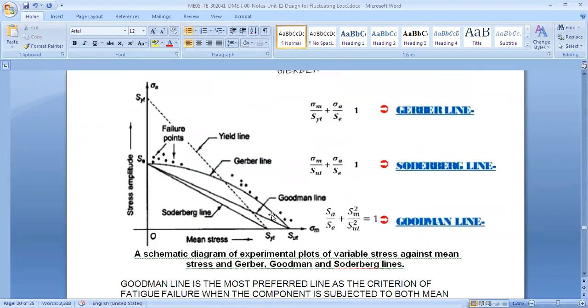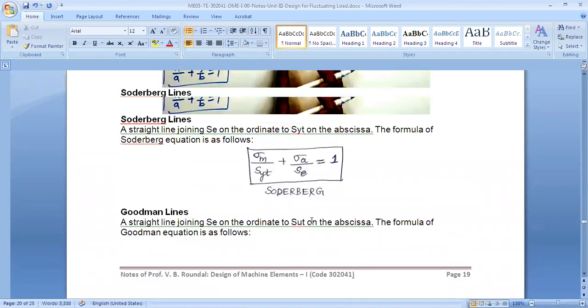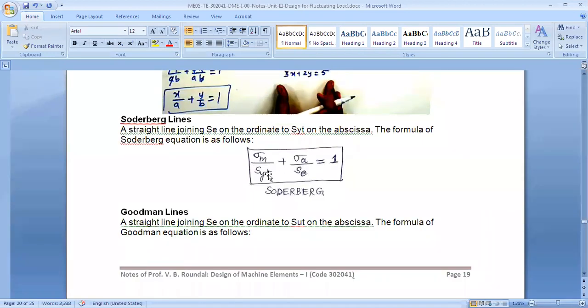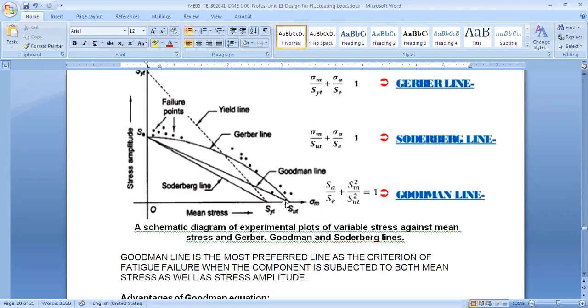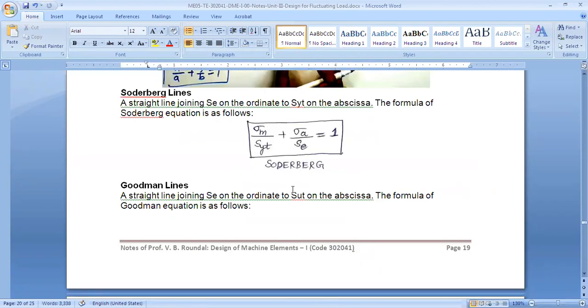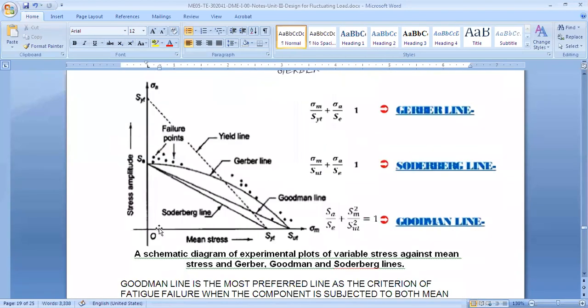Now first, let's find out the Soderberg line. The Soderberg line intersects SYT and SE. The x-axis is sigma m.